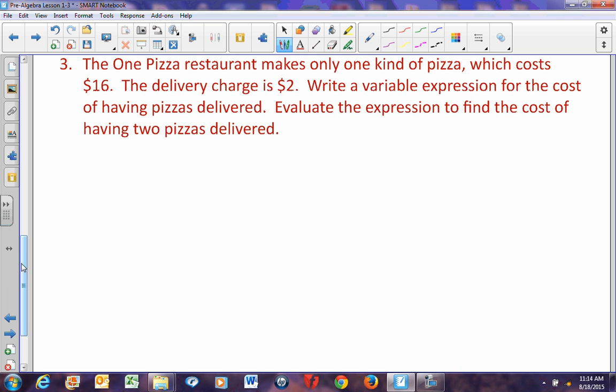So we're going to write a variable expression for the cost of having pizzas delivered. Since they didn't give me a variable this time, I have to define a variable. I have to write what my variable is and what it stands for. So I'm going to let P equal the number of pizzas. I've got a hashtag, a number symbol, so that's the number of pizzas.